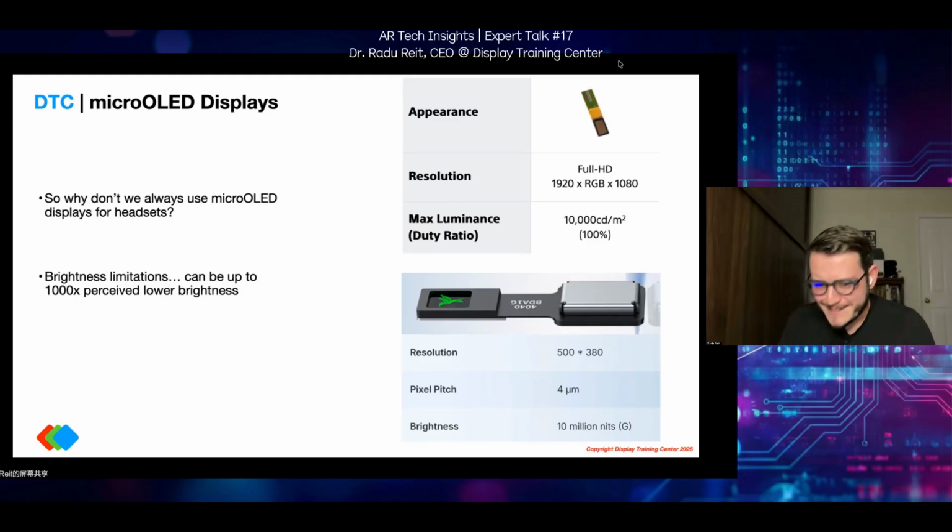In comparison, a micro LED panel can get up to 10 million nits, monochrome green, so not a fully fair comparison. But even with full color micro LED, we can get up to 1,000 times brighter, fundamentally because of the inorganic nature of the light emitting diode we're using, rather than the organic structures in the top right.